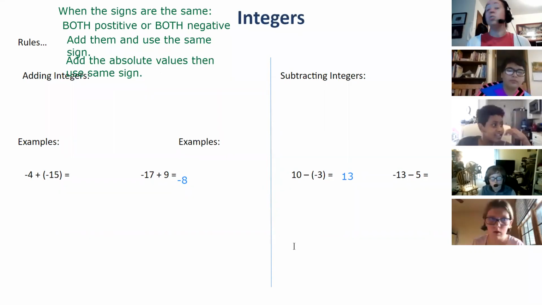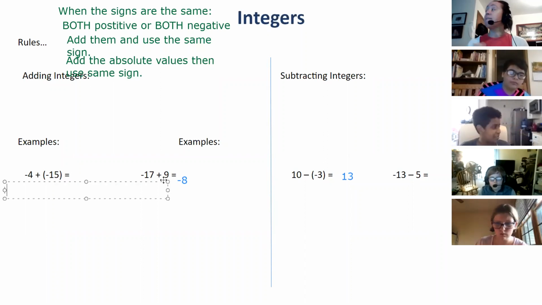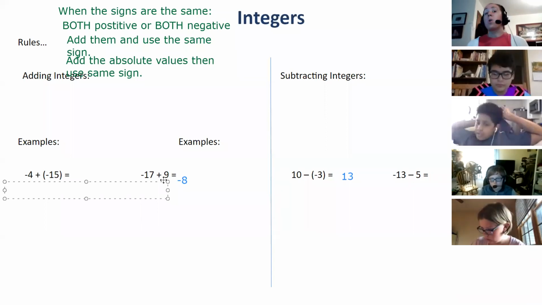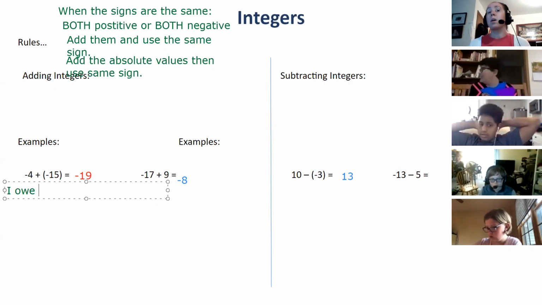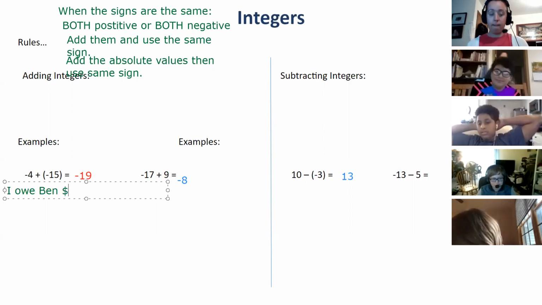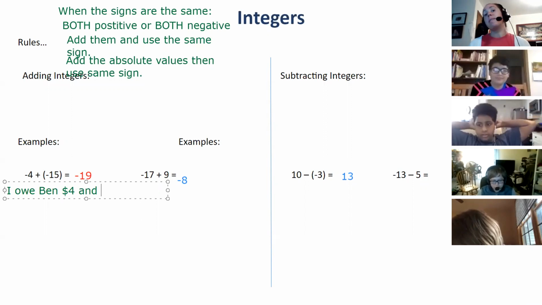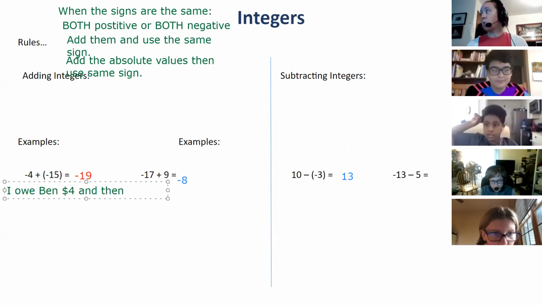What I like to do is think of it as owing. If you have negative money, that's money that you owe someone. So I borrowed $4 from Ben to get an awesome shirt like he did, right? So I owe Ben $4, and then Ben was so nice, he loaned me $15 more.